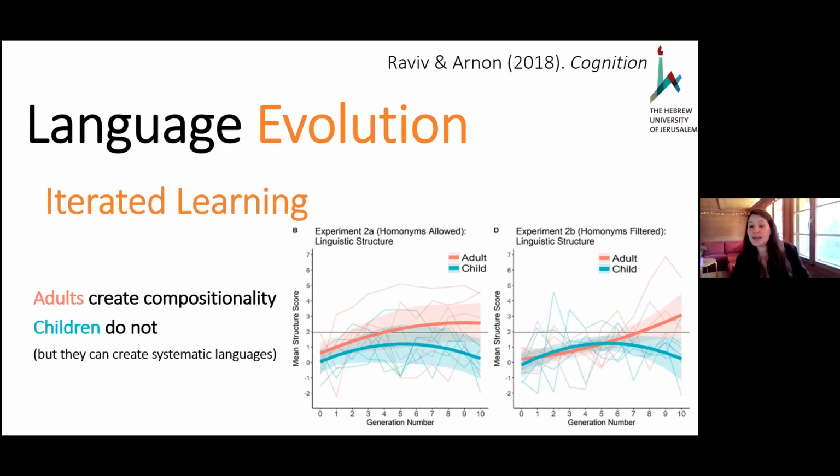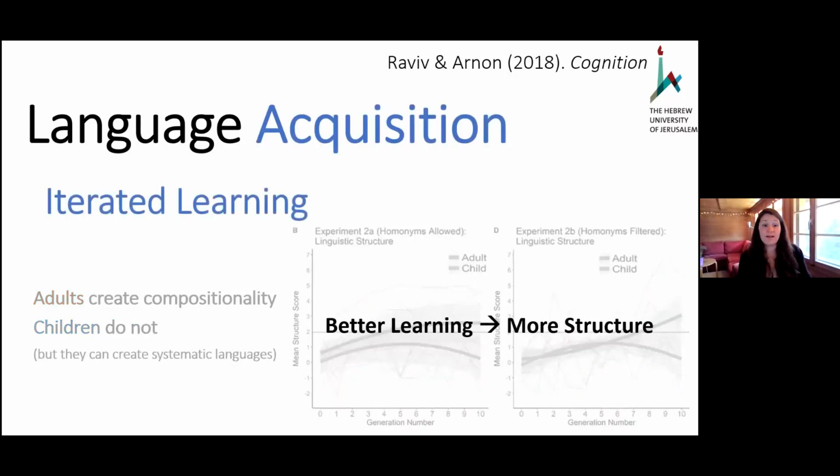But when we went to analyze these results even further, we saw that the differences between children and adults in this paradigm were related to how well they managed to learn their input language. So basically linking these findings back to language acquisition. In general, we found that participants, both children and adults, who learned the languages better were also more likely to introduce structure to their inputs, strengthening this relationship between your learning biases and language evolution.